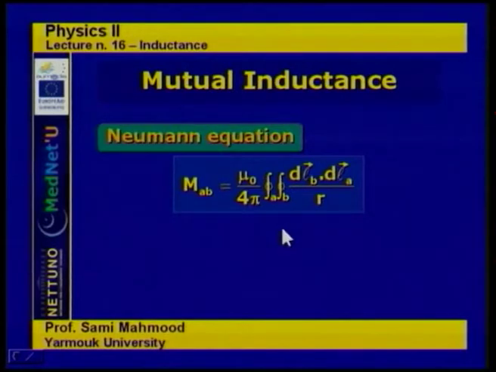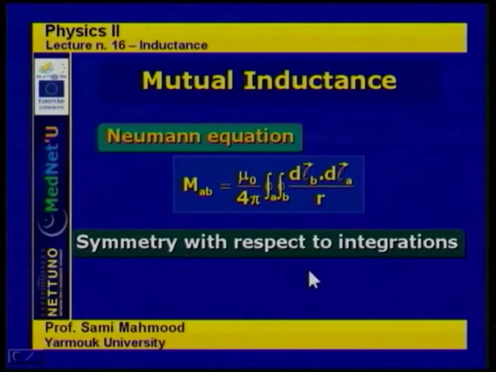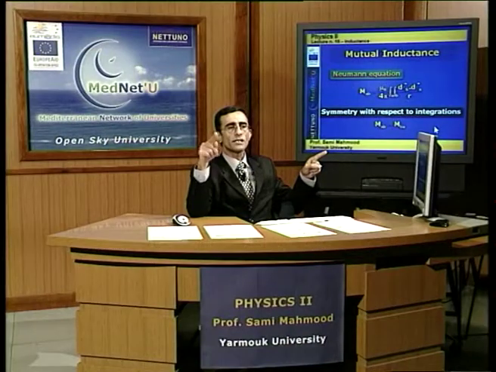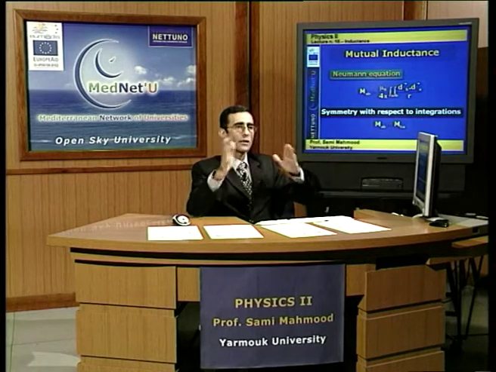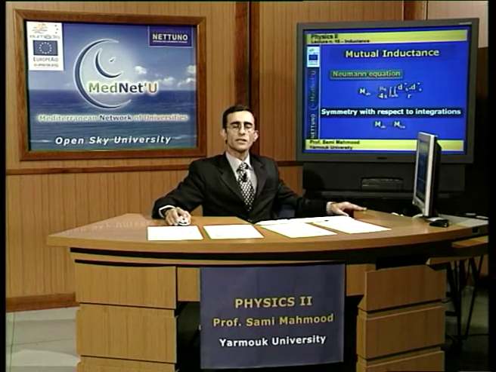This is a geometrical factor that depends on the geometry of both circuits interacting, and there is complete symmetry with respect to integration. We can do the integration either way. The symmetry leads to the conclusion that M_AB is equal to M_BA. That means this geometrical factor, if we consider the flux linkage in A due to B, is exactly the same as if we consider the flux linkage in B due to A. We reach exactly the same result.